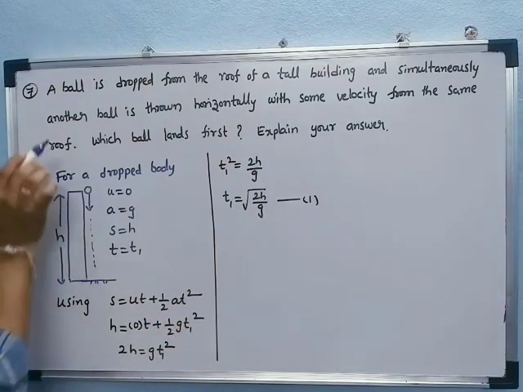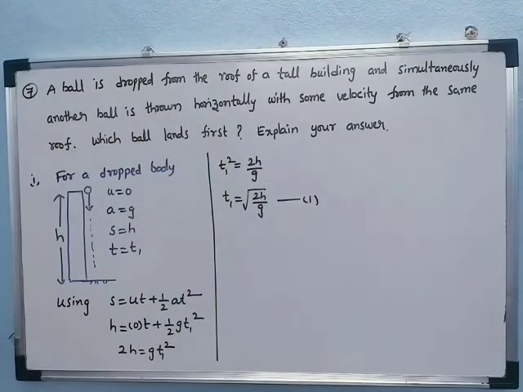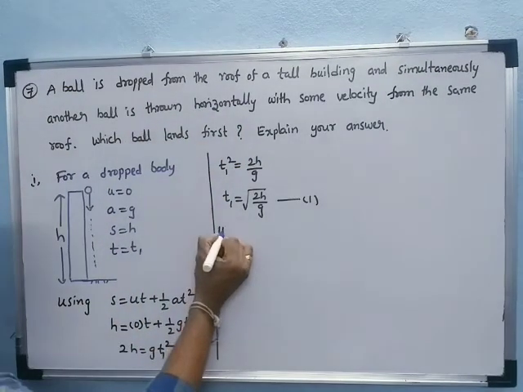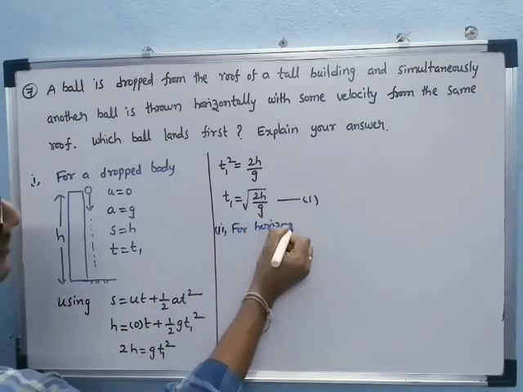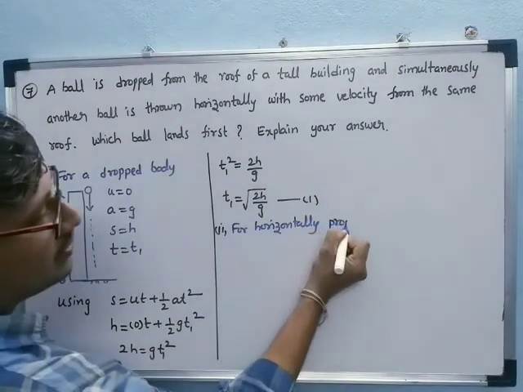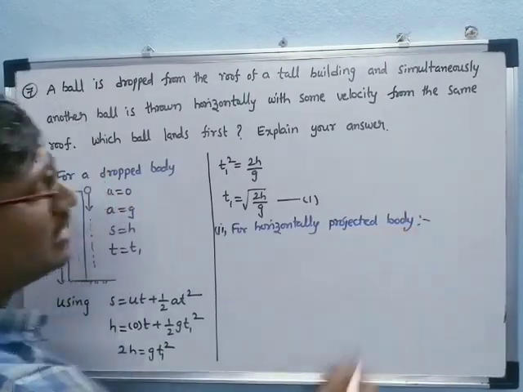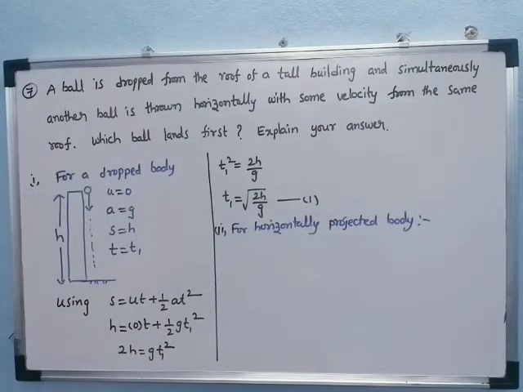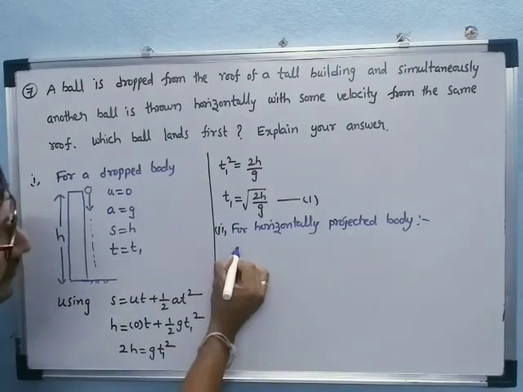Now at the same time, another ball is thrown horizontally. For the second condition, a horizontally projected body, again we are considering the same tall building.